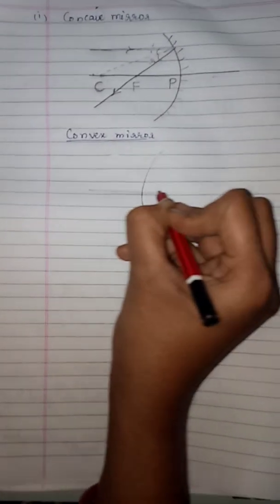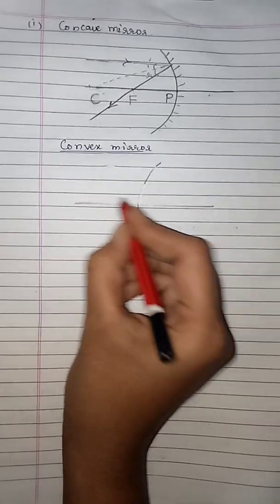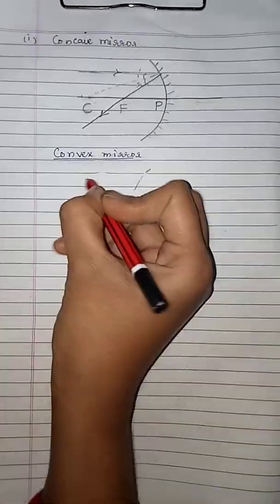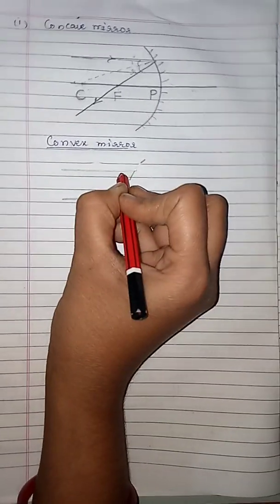Now this is the principal axis and this is the pole, and this is the incident ray.